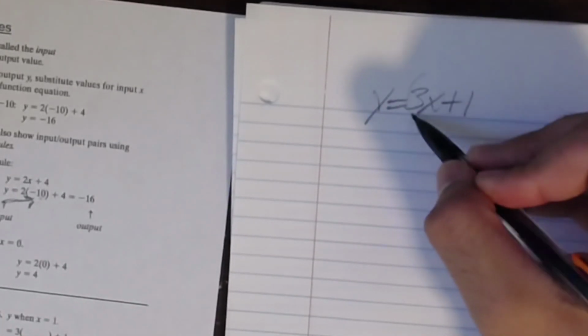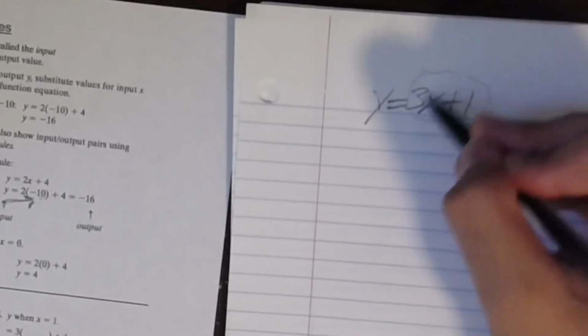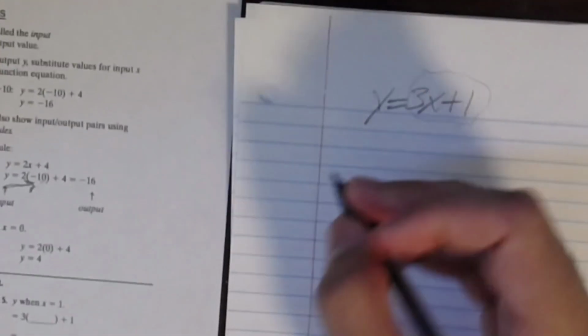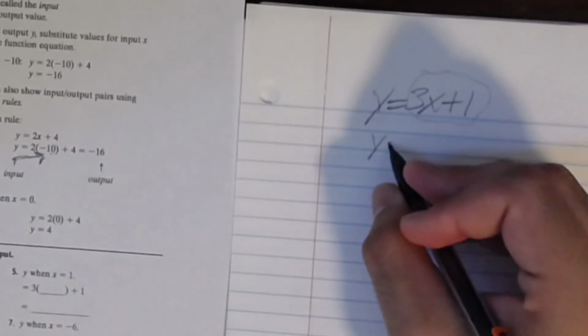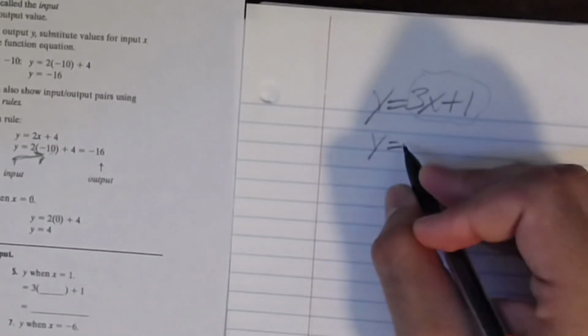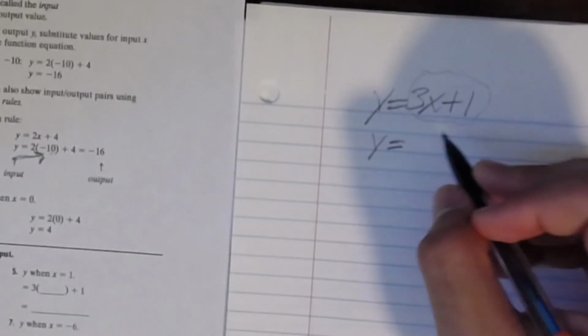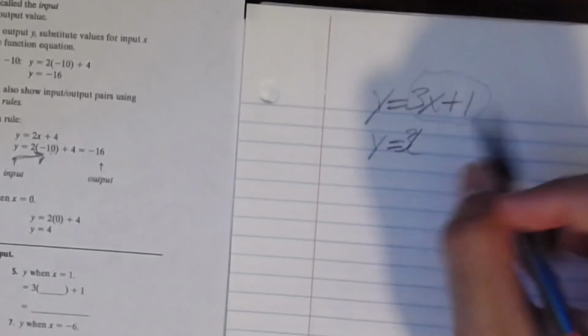The whole thing is your machine, but the part where you're doing the work is this area right here. And it's asking you when x is 0. So they broke it down as y, or well, they didn't put the y, but it's always equal to it. But now it is 3.